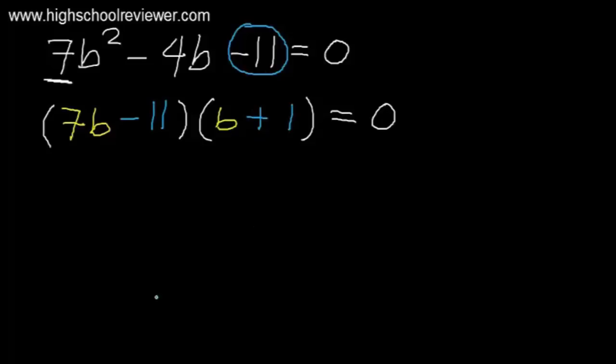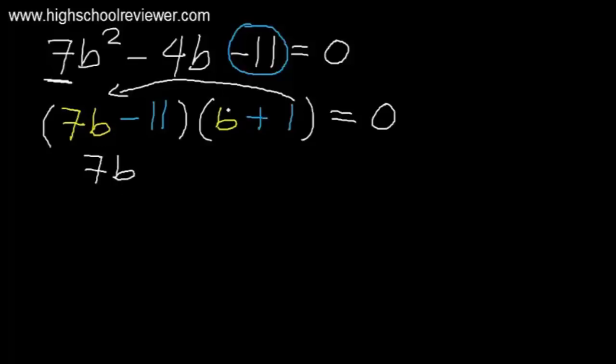Let us check if these factors are correct. We are going to get the sum of the product of the outside terms. So our outside terms are positive 1 and 7b. So 7b times positive 1 is 7b.